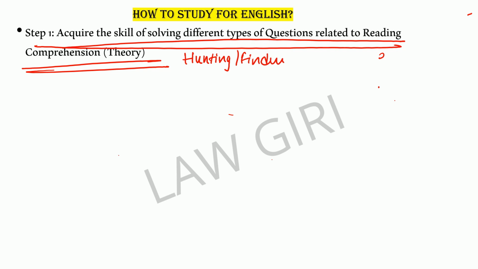But here your reading comprehensions are not based on finding answers. They are based on reading the entire passage, analyzing some lines, analyzing the entire passage. So you need to know how you have to solve these kinds of reading comprehensions.